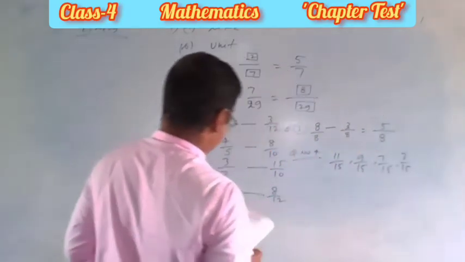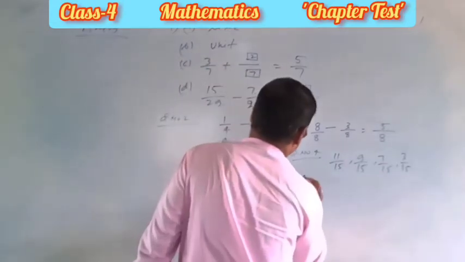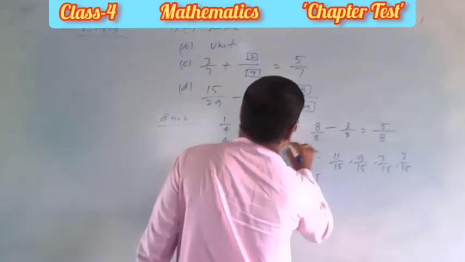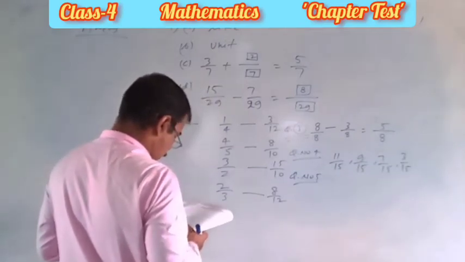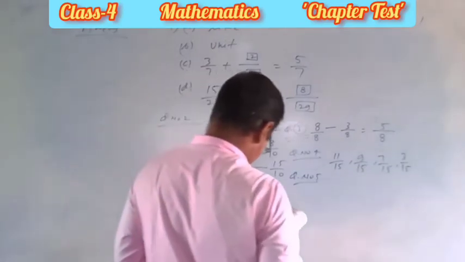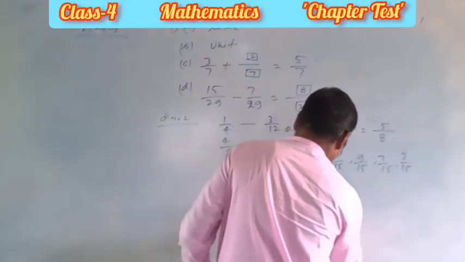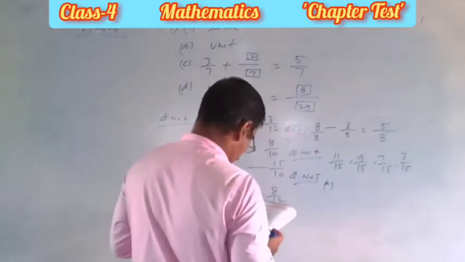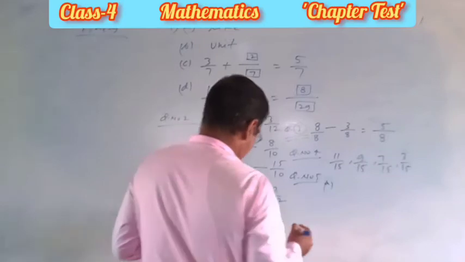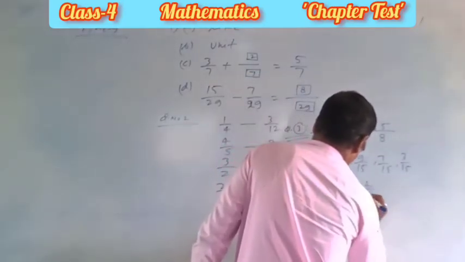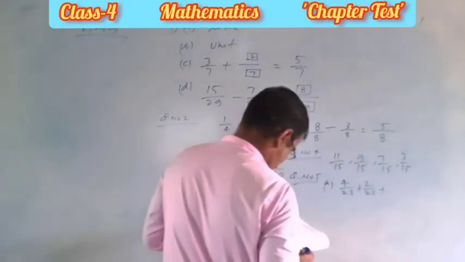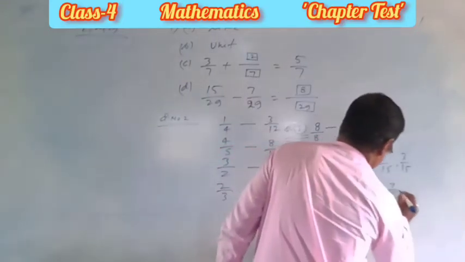Question number 5. Encircle the correct answer from the given alternative answers. A: Find the sum of 4 by 23, 2 by 23 plus 7 by 23.